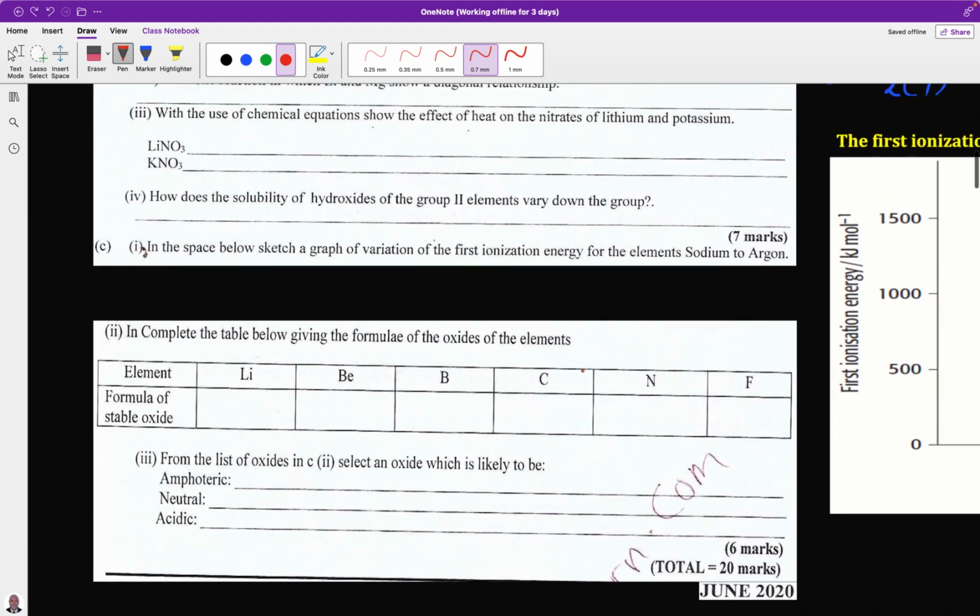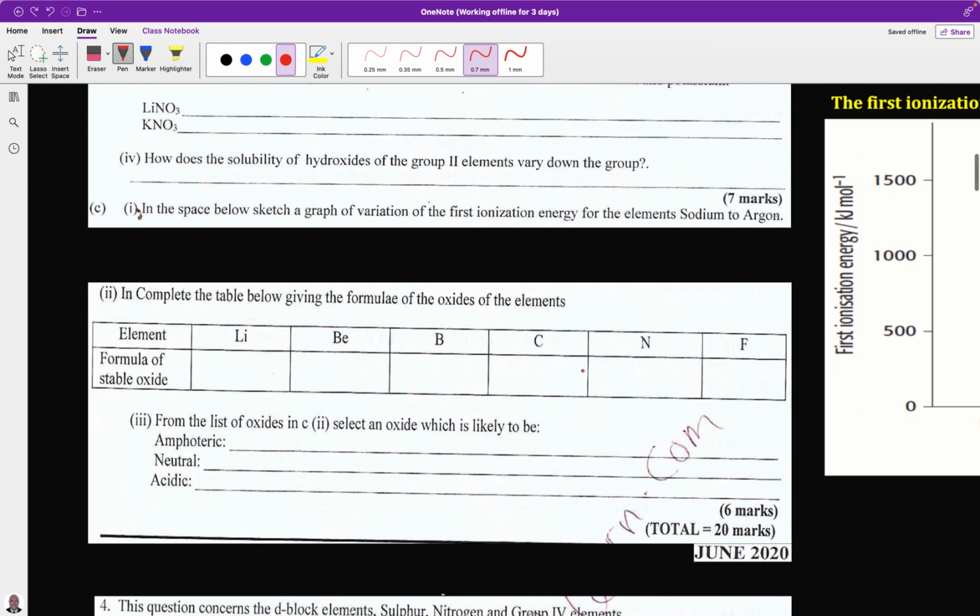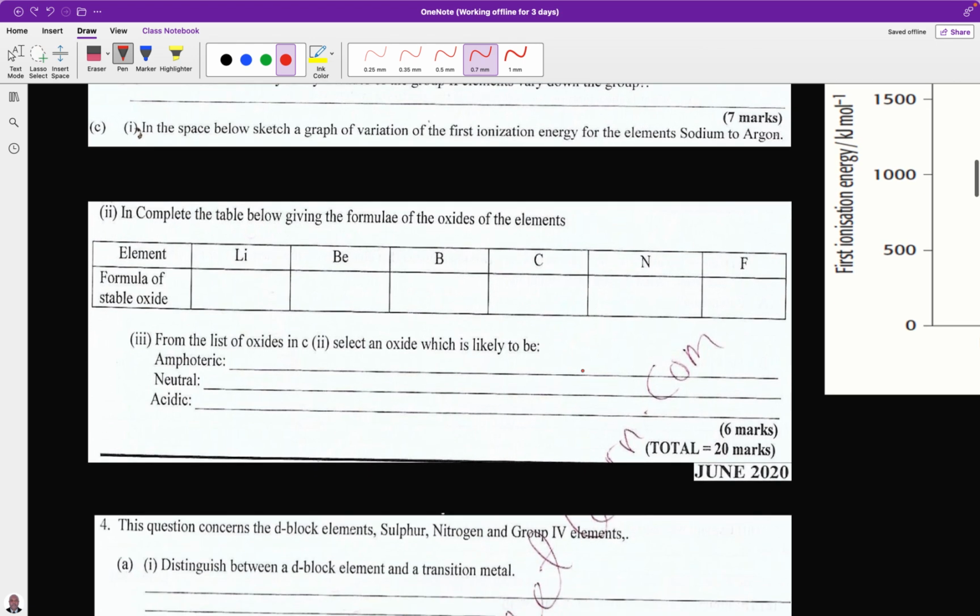Sketch that in the space provided. Now, complete the table below, giving the formulae of the oxides of the elements. These are the elements, formula of stable oxides.